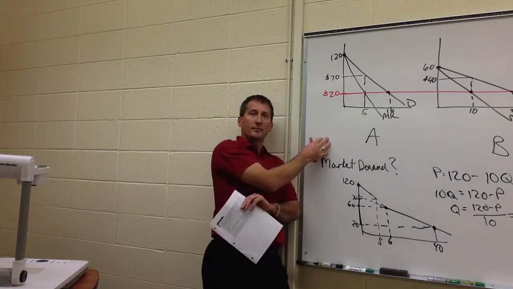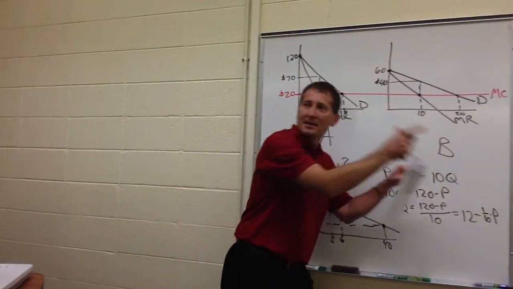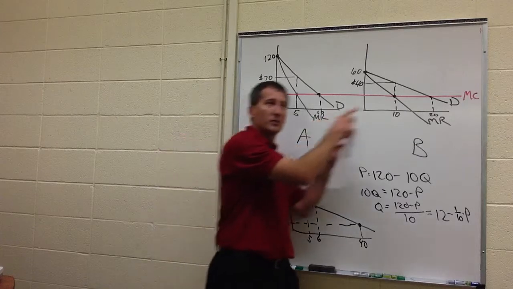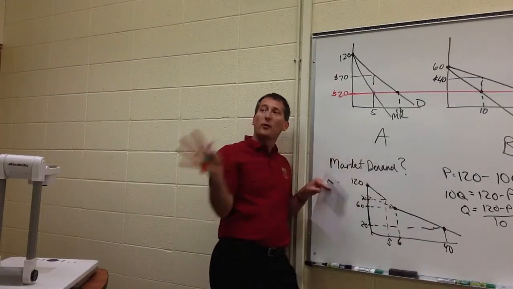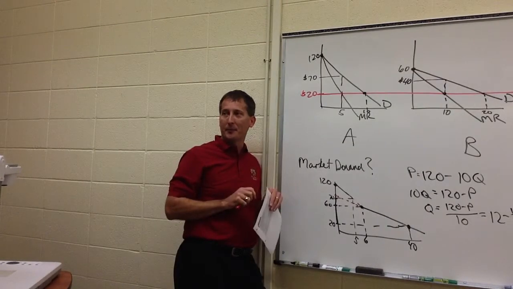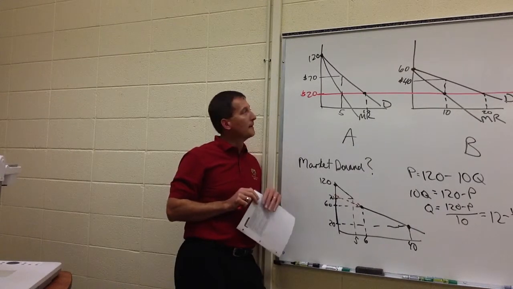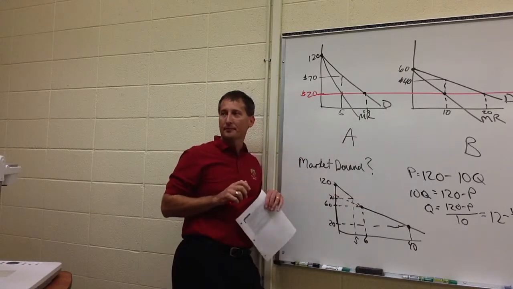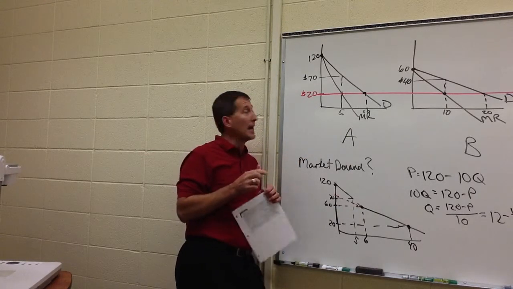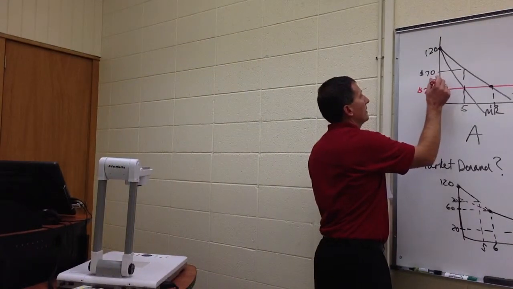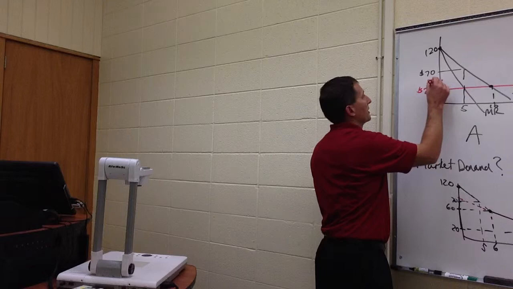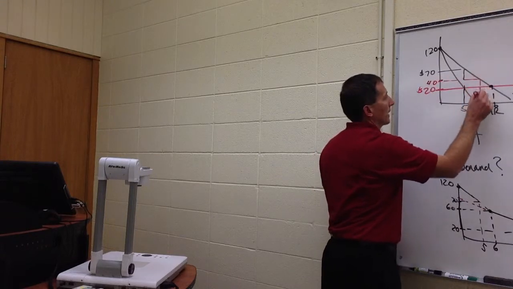Let's try the 40. What we're doing is we're kind of testing how these guys behave versus these guys. So what's going on if we charge 40 to everybody? Solve that one for these guys. How much? 8. So at a price of 40, not quite drawn to scale, of course, here, but we got an 8.